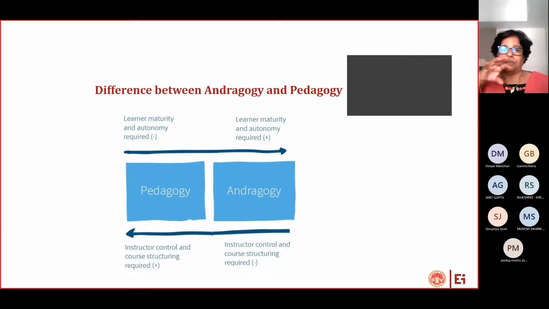When this level of maturity and autonomy increases, the instructor will have lesser control over the course structuring. So when you're facilitating and dealing with an andragogy setup, the instructor control is less, and you give them more autonomy.